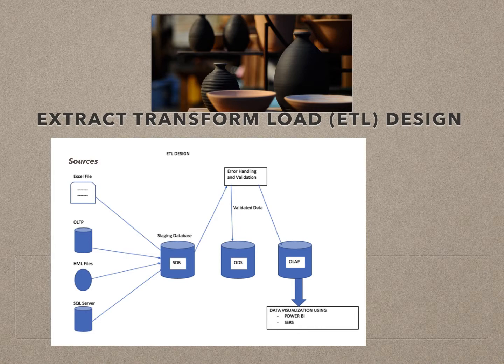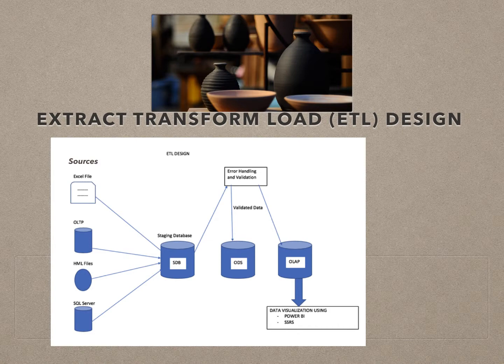So the data is extracted and then loaded into the staging database. A staging database is a database that stores both clean and unclean data. Note should be taken that SQL Server is chosen because it brings structured data into the database.